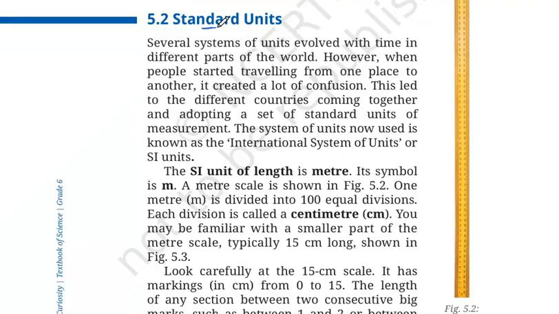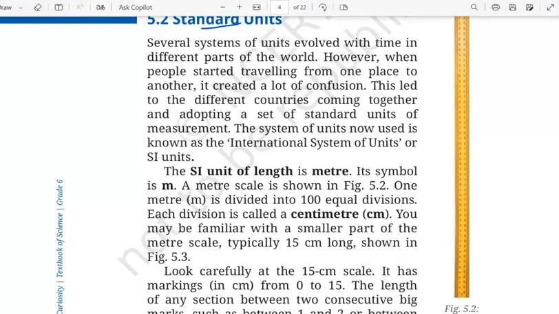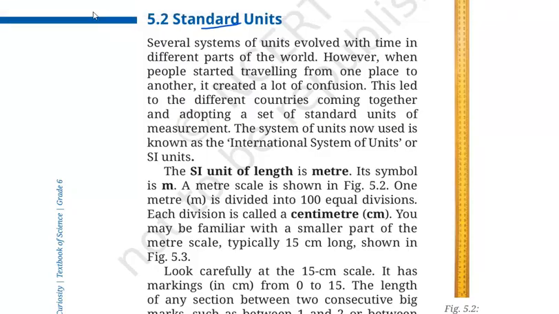Now, let us come to the standard units. So, students, may I know what you mean by standard unit? Several systems of units have been evolved with time. Just now we discussed something called handspan, right? Do we use handspan now? No, we don't. We have some standard units for the measurement of length or for any other measurement.